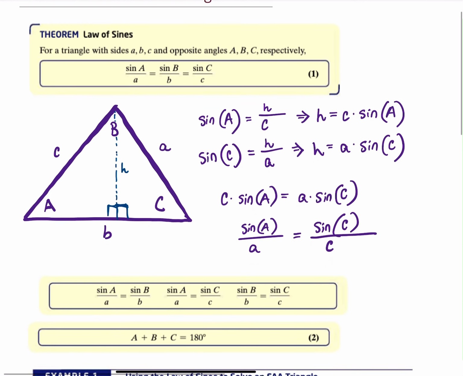And then let's also keep in mind this fact that the sum of all three angles within a triangle, regardless if it's a right triangle or not, should add up to 180 degrees. So this will allow us to now solve many additional triangles as opposed to just right triangles. So let's take a look at an example.